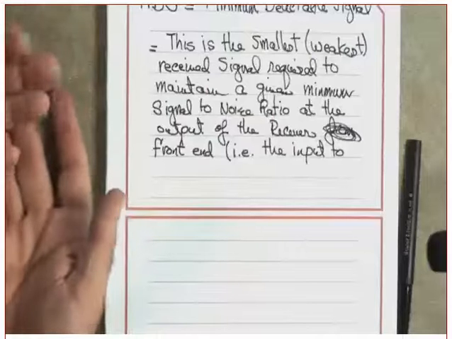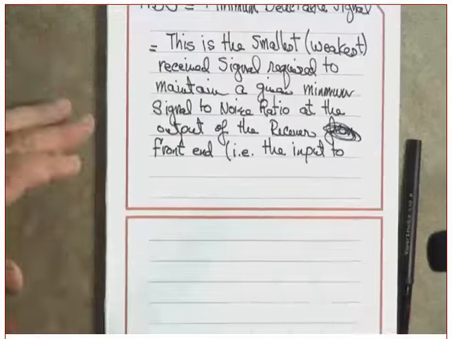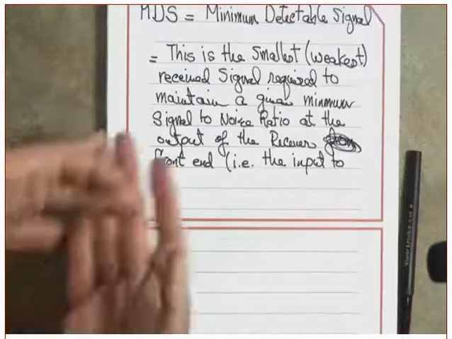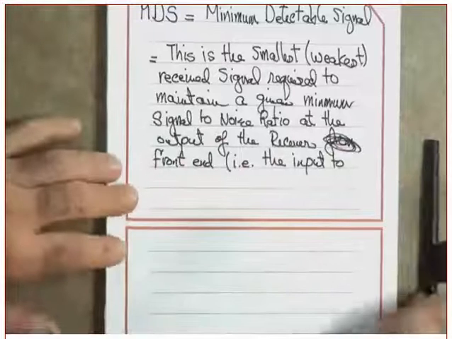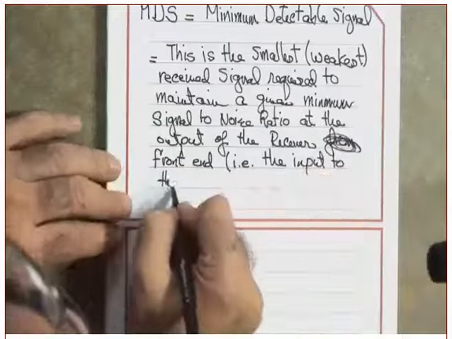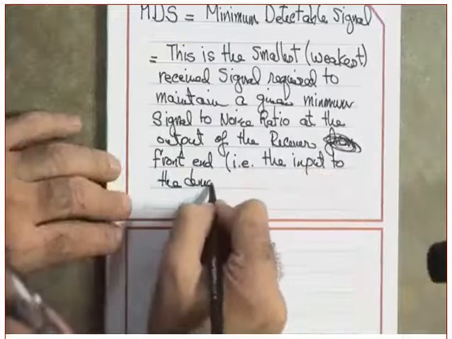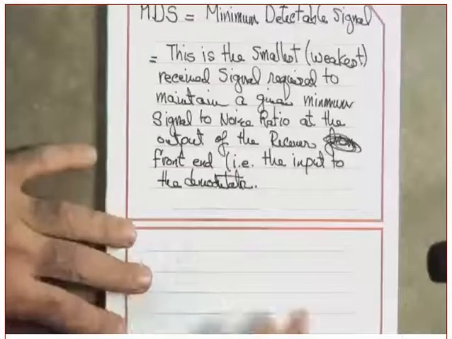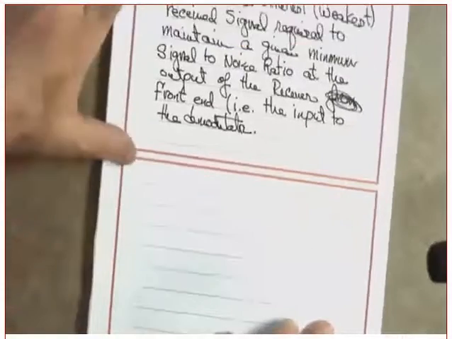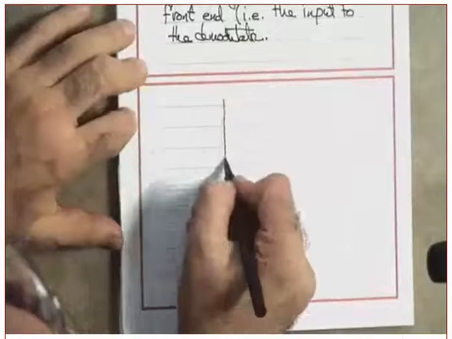You need to get rid of the carrier. But by the way, that is the case if you are using direct conversion; we are talking in general about the superheterodyne. Are you following me or not? Okay, so it's the input to the demodulator. Clear?